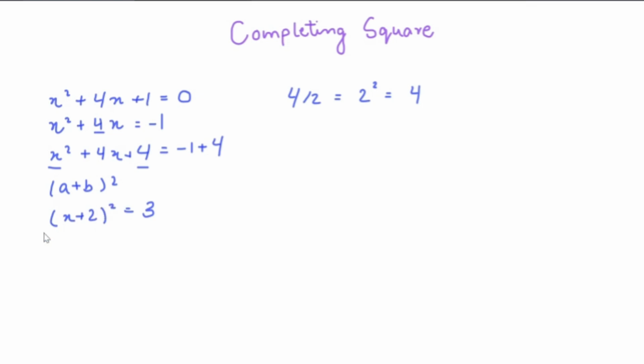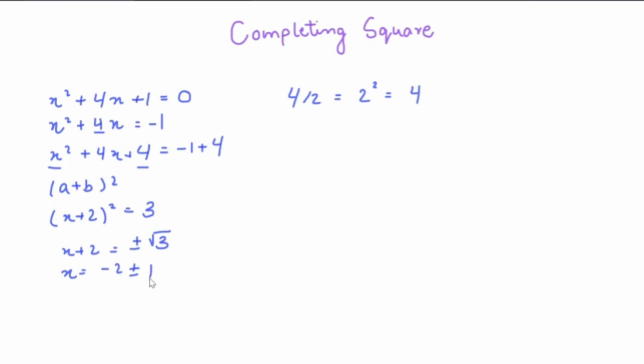Now if we take a square root on both sides, we will get x plus 2 is equal to plus minus under root 3, and we can just get a value of x from this.